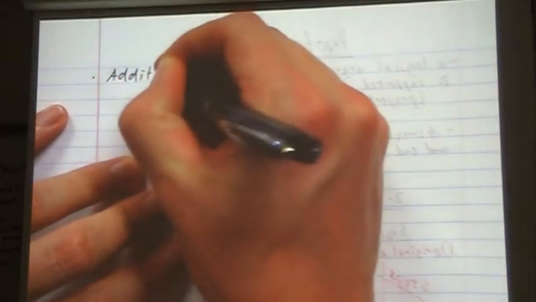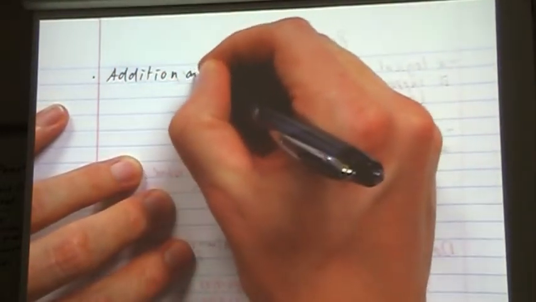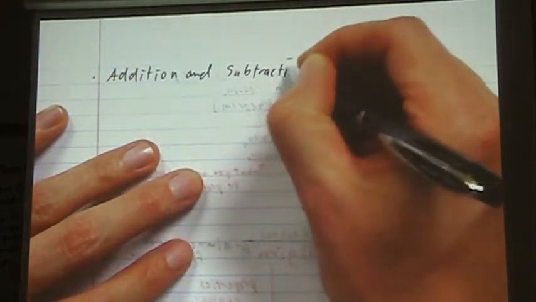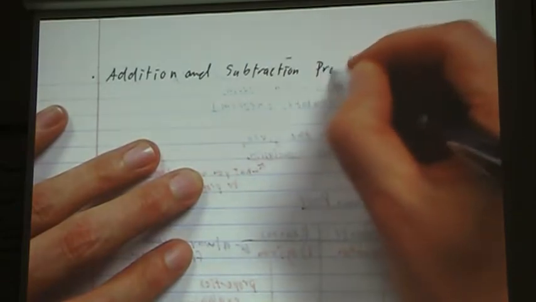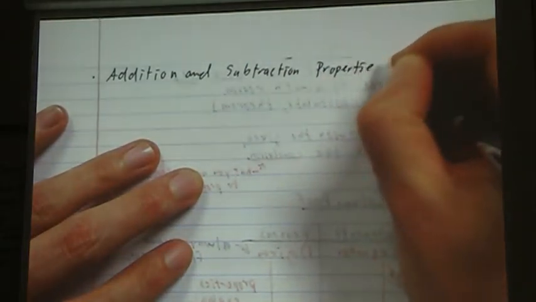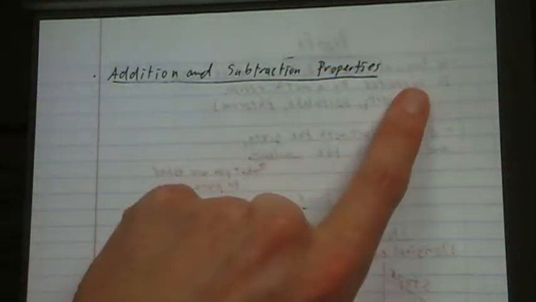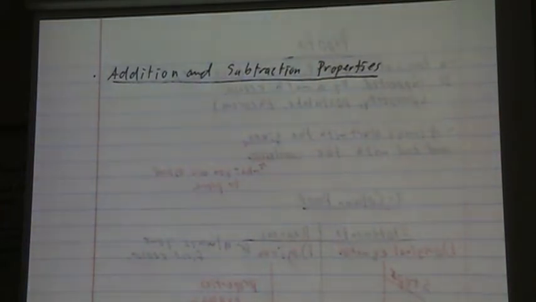So we're going to start with the addition and subtraction property. Technically, you might see these guys named with addition and subtraction properties of equality. And the reason why they add that of equality is because you're used to solve equations.